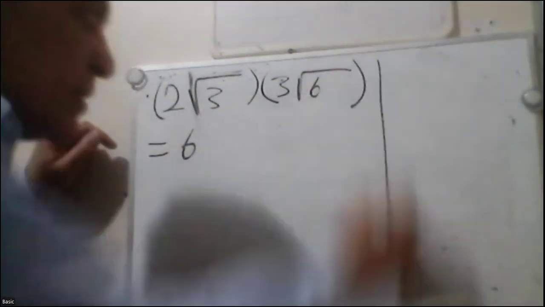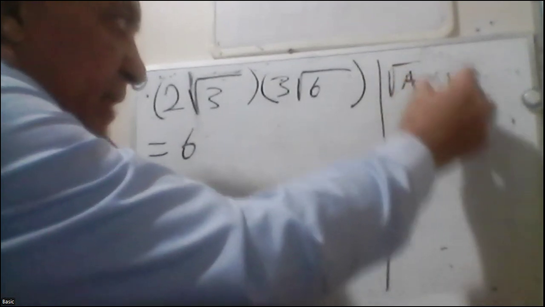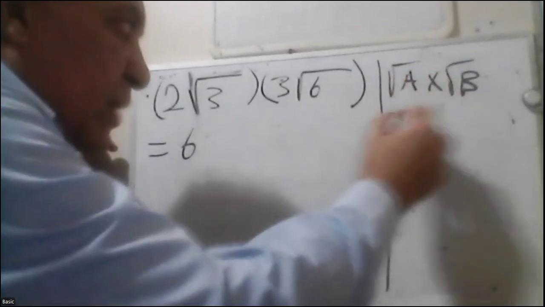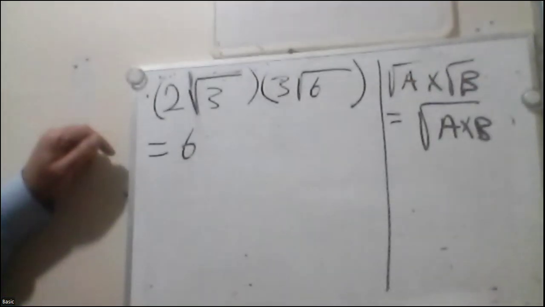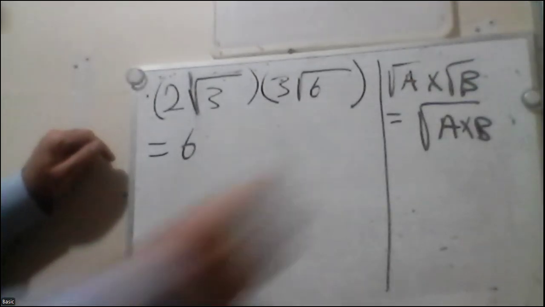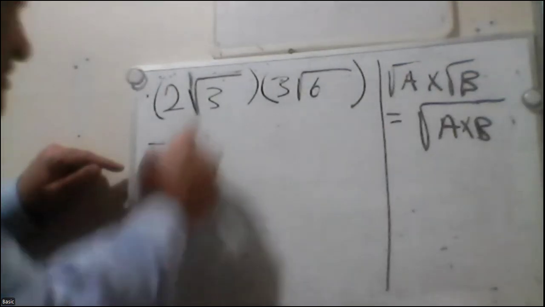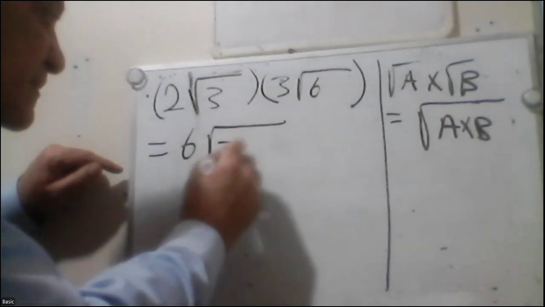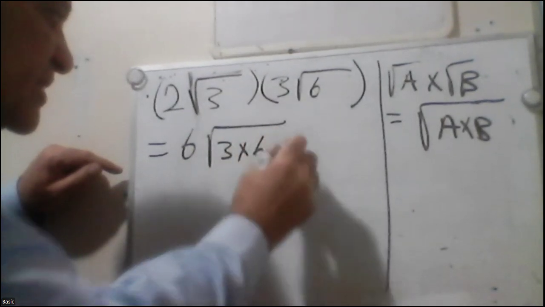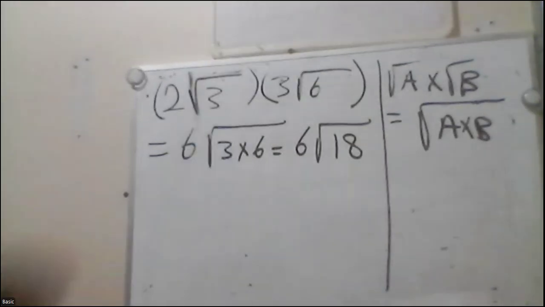I said before that the root of A multiplied by the root of B will equal the root of A multiplied by B under one root. So this will be 6 times the root of 3 times 6, which is 6 root of 18.